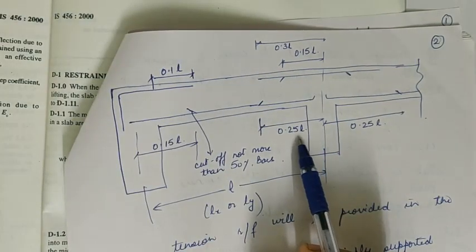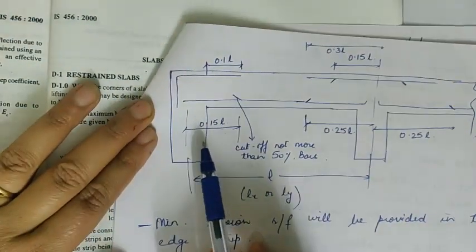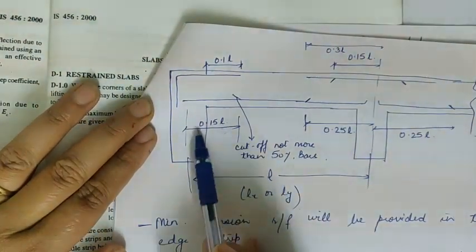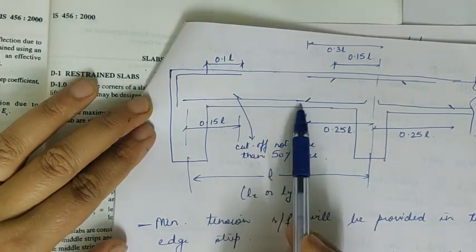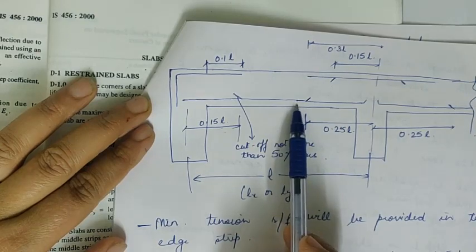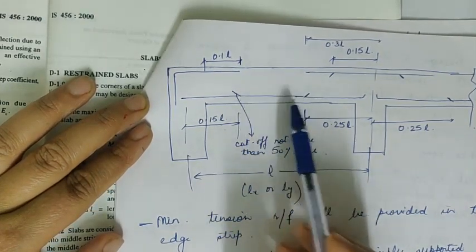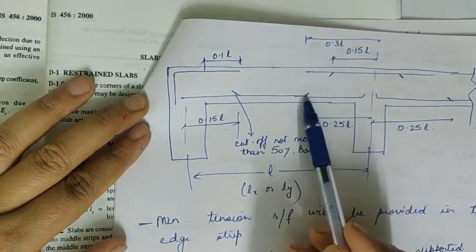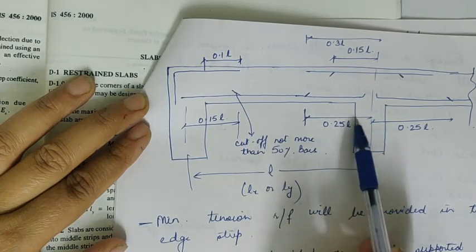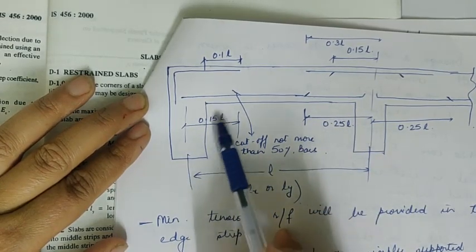Is it okay? Clear? And if the edge is discontinuous, then it will extend at a distance of 0.15 L. What does it mean? Let us say we are providing the reinforcement at a rate of 100 meters center to center. Half of it can be curtailed, then half of it must continue into the support. Then where shall it be curtailed? It shall be curtailed at 0.25 L. Similarly, it is at a distance of 0.15 L.